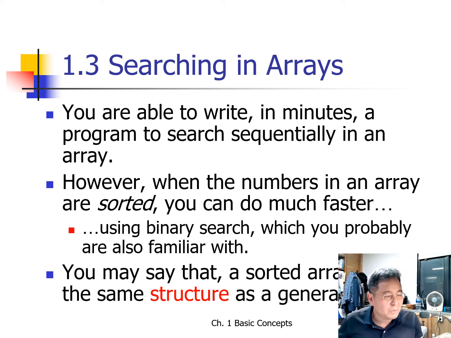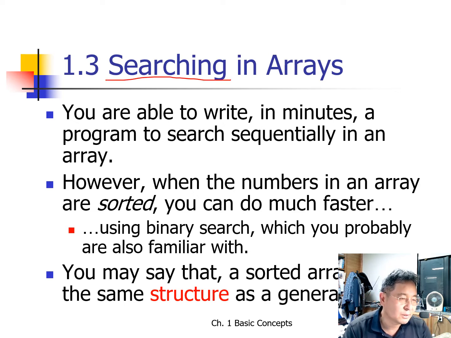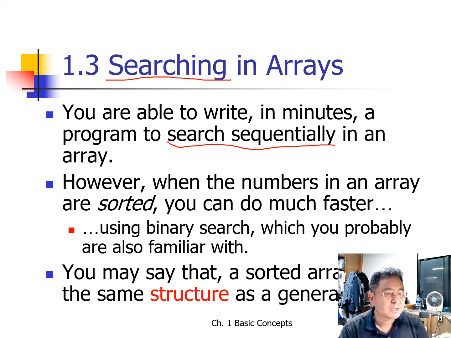Now we will show what an array data structure is in searching algorithms. In searching algorithms, we can use regular arrays to store data. Using a regular array, we will search sequentially.